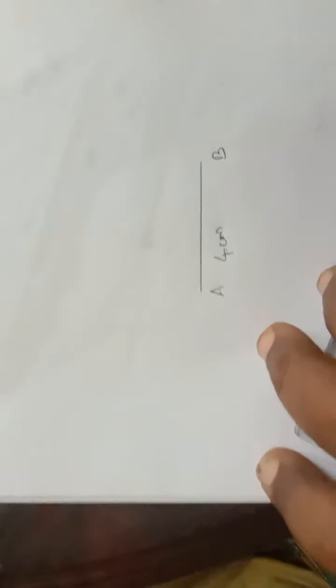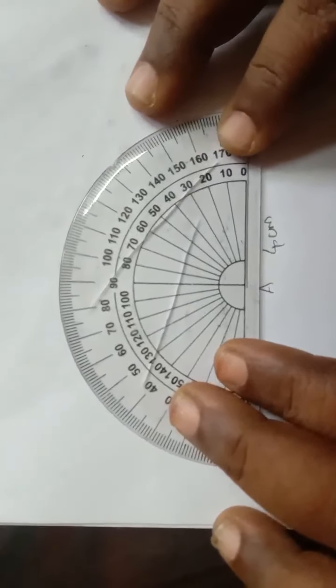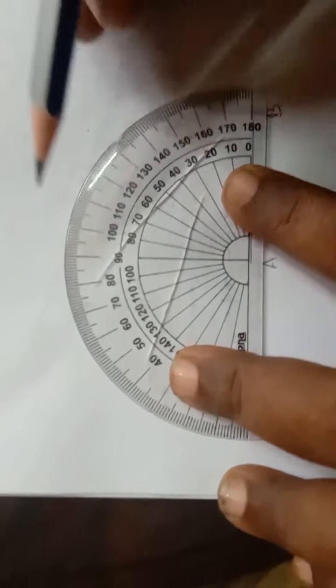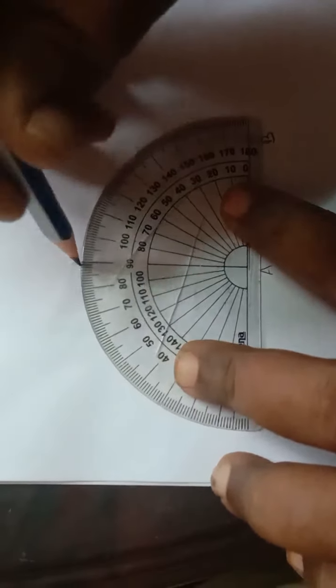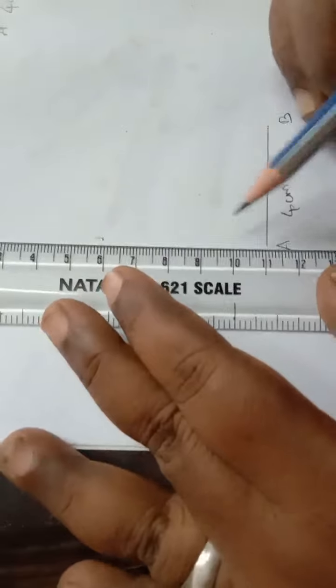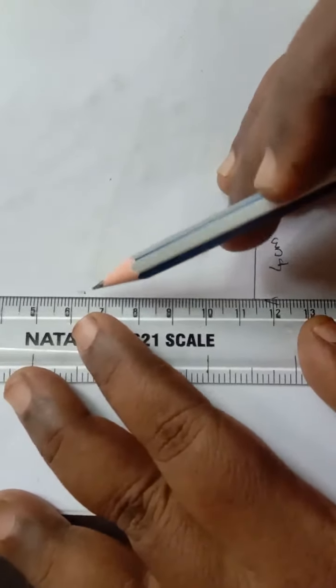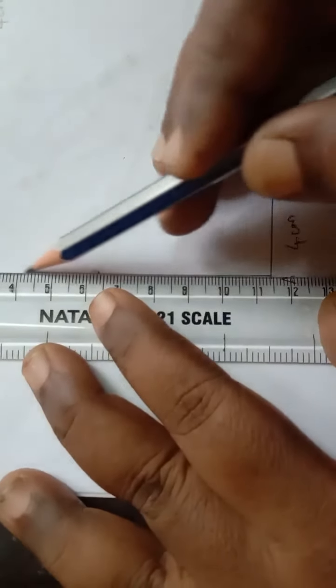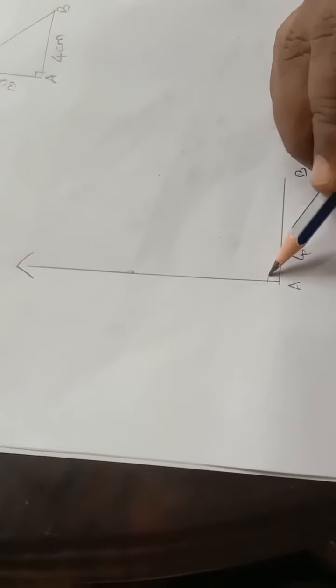Next, draw 90 degrees here at A. This is 90 degrees. Next, AC 3 cm.